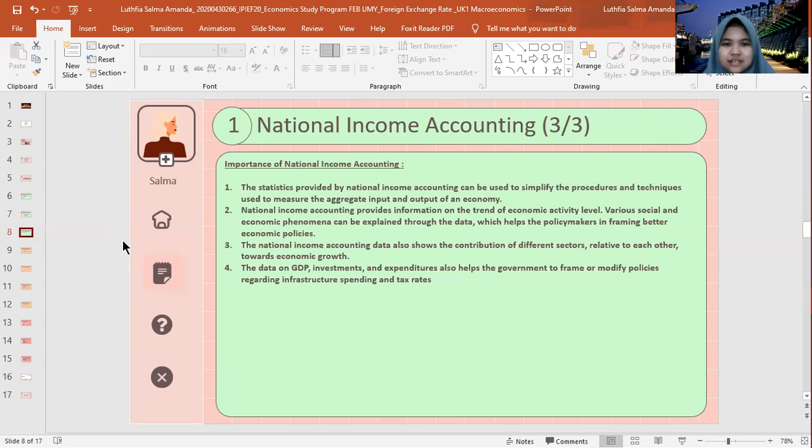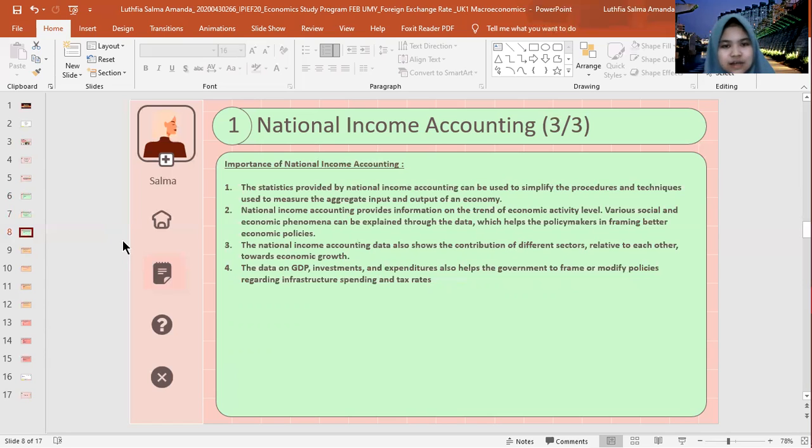The second is that national income accounting provides information on the trend of economic activity level. Various social and economic phenomena can be explained through the data, which can help the policymakers in framing better economic policies.